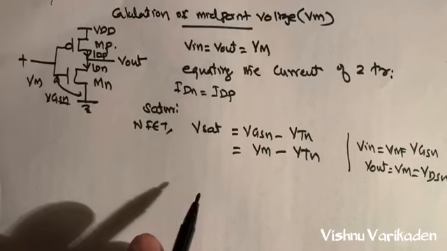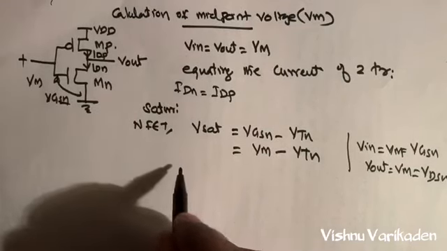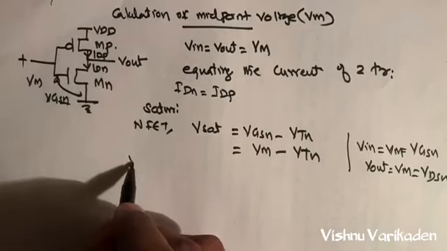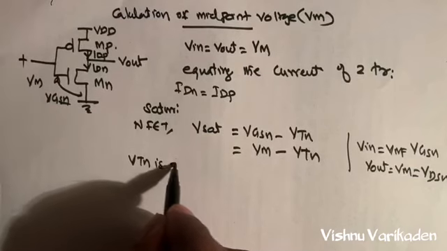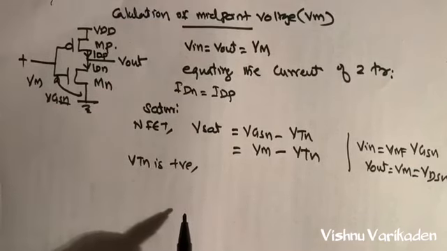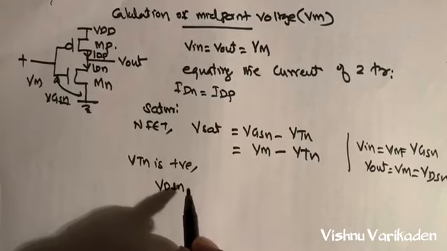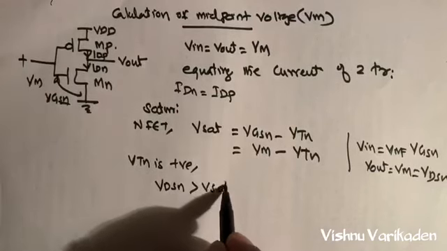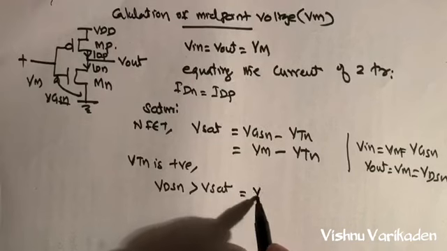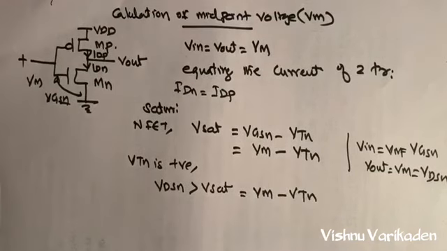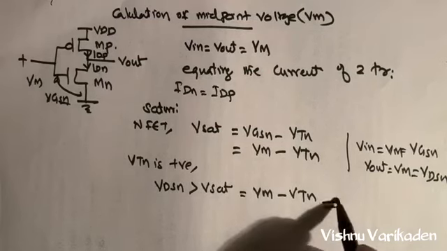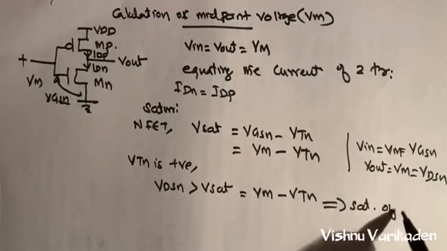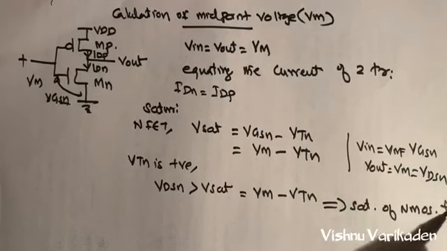VTN is positive, so we can predict VDSN is greater than Vsat, that is VM minus VTN. This is the condition for saturation of the NMOS transistor.